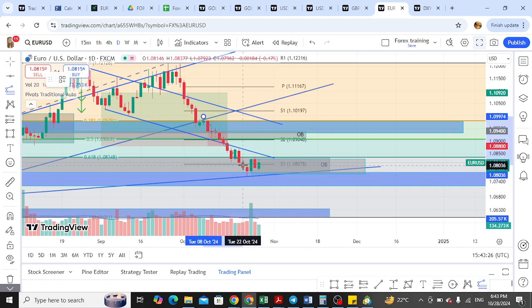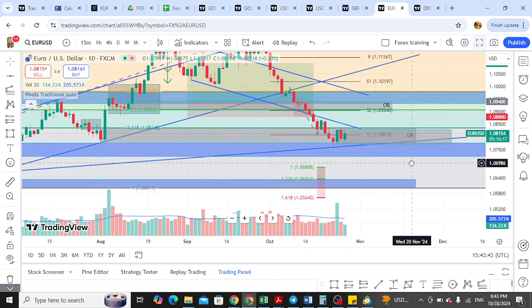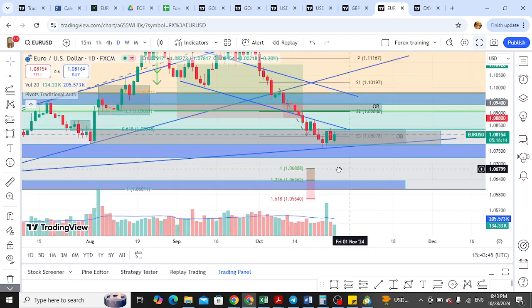Let's see this A, B. The next, this is saying that this will go down. This is the C. It will go down to this support area. I don't think so.